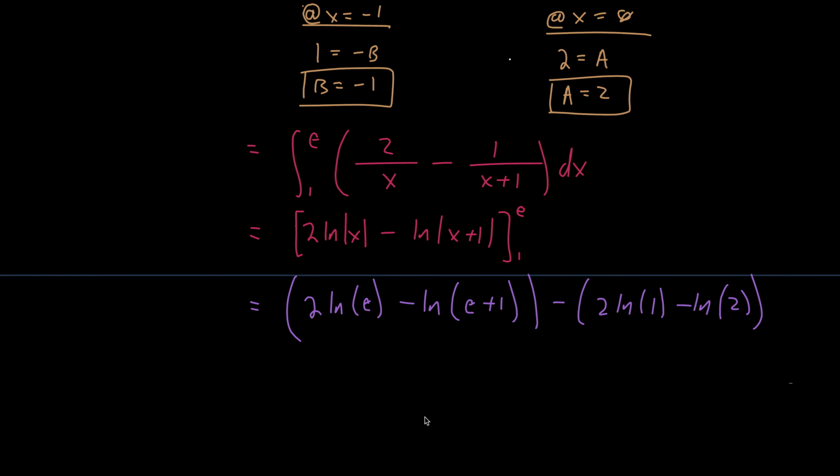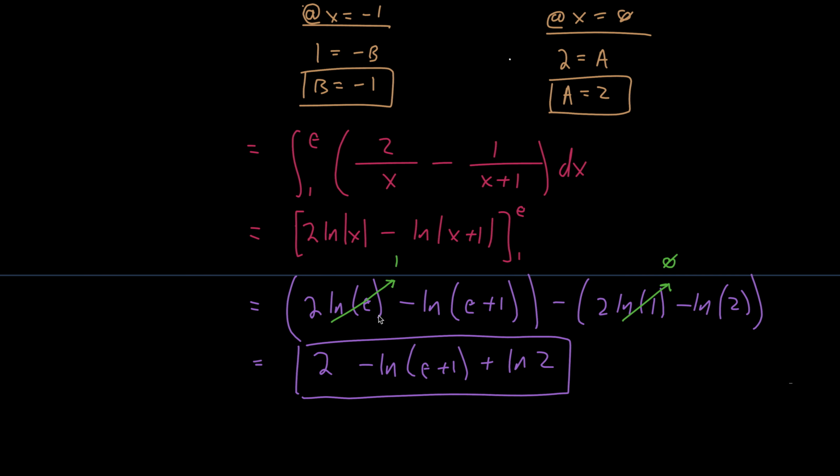We know that ln e is 1 using our log properties. ln 1 we also should know is 0. And therefore, we get 2 times 1, so 2, minus ln(e + 1), minus 2 times 0, that goes away, minus minus, plus ln 2.